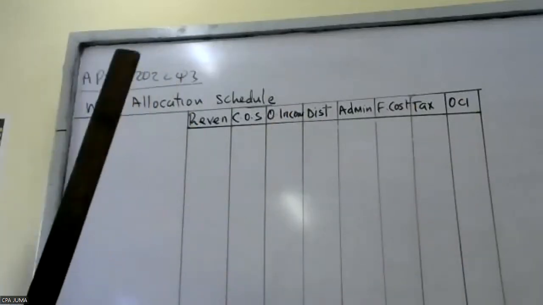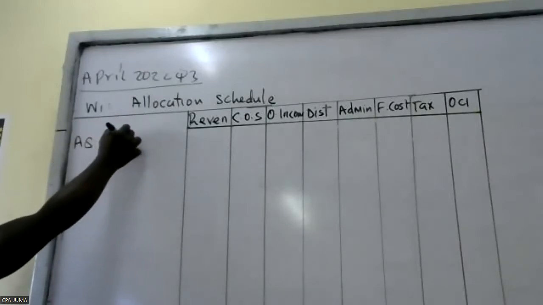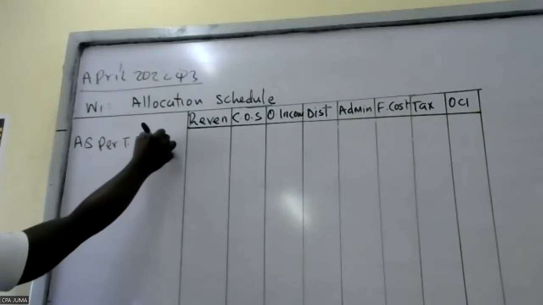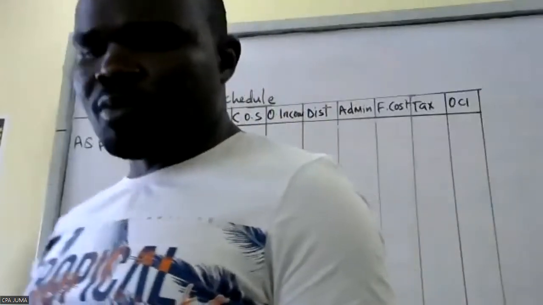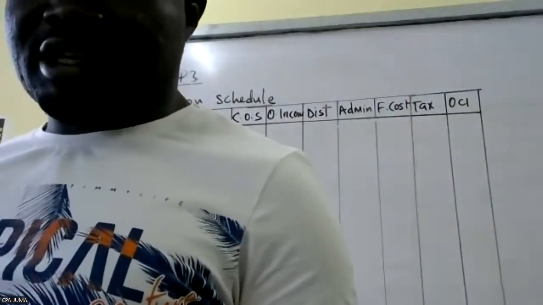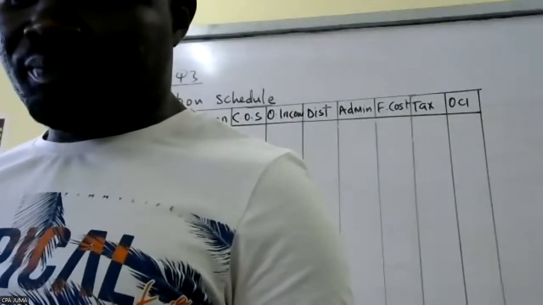So let's kick off by saying, as per T balance, the trial balance, the way we have been given there. Before we go to the notes, we check the trial balance from top down to identify those items. Then when we go to the notes, we adjust them.